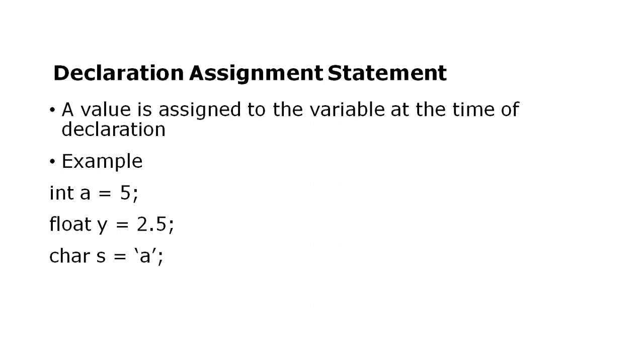Int a is equal to 5, float y is equal to 2.5, char s is equal to 'a'. A value is assigned to the variable at the time of declaration.